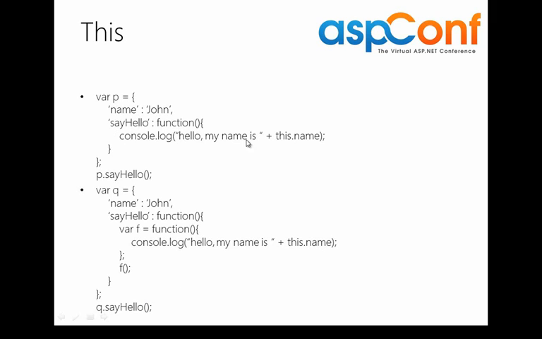So instead of simply calling console.log over here, we've wrapped it in a function called f and executed that function immediately. Just by looking at it, if you think logically, these two things should result in the same output. But the first one outputs John, the second one gives you an error.